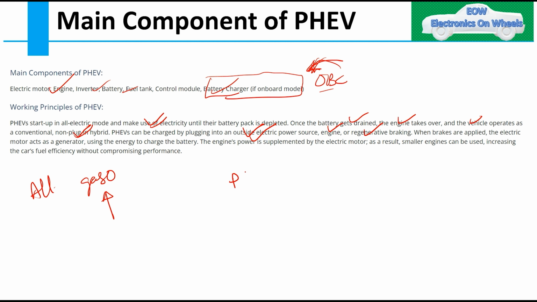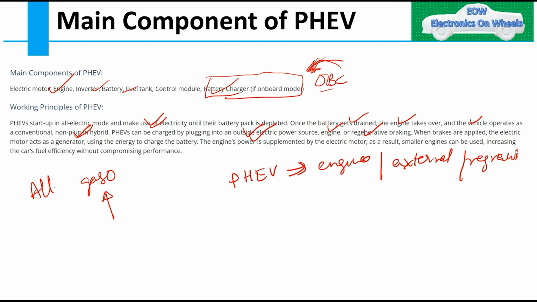As I told you earlier, PHEV can be charged by the engine, then an external source, then regenerative braking. Regenerative braking is nothing but when you apply the brake, your motor becomes an alternator, and the alternator charges back your battery pack.